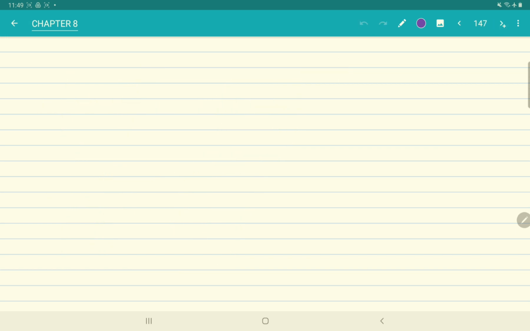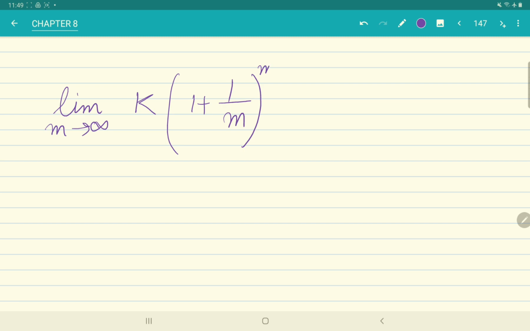And if I want to know this, that means I want to know the limit as m tends to infinity of k (1 plus 1 by m) raised to the power rt. I know that this expression tends to e as m tends to infinity.